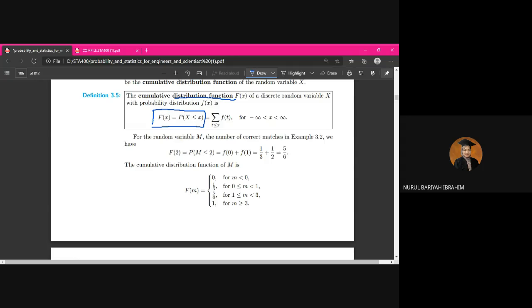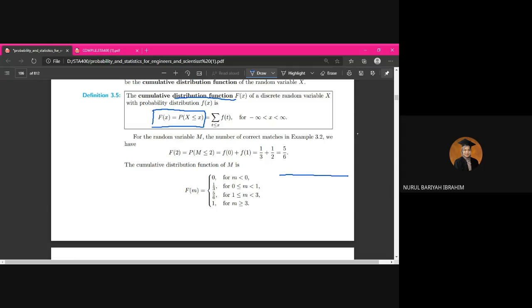Okay, so let's say here, dia kata kat sini from the random variable M, okay, let's say ini adalah example. From the correct matches in example 3.2, if you can see from the example 3.2, okay, saya tulis balik kat sini.